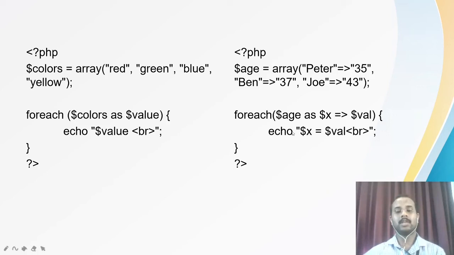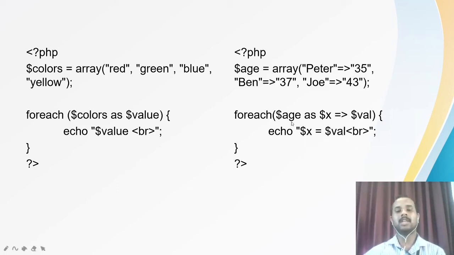Okay. So I am printing what? I am printing x is equal to $value. So what will be printed? In the first iteration, these two things will be stored, that is Peter arrow 35, so it will have Peter is equal to 35.